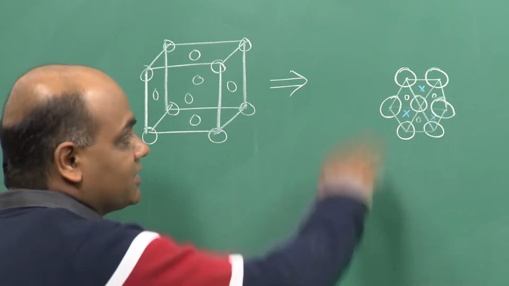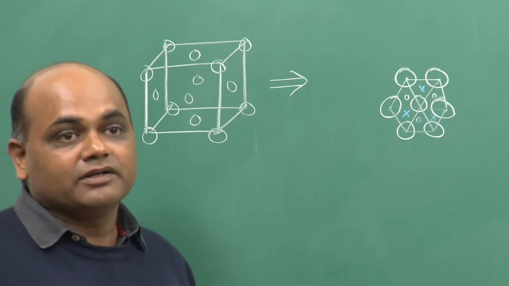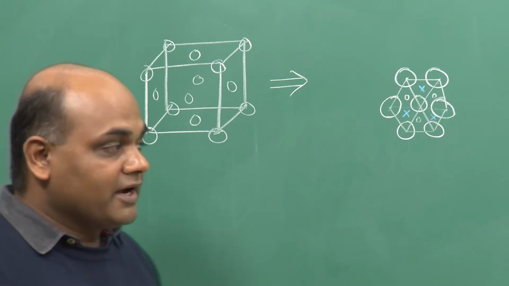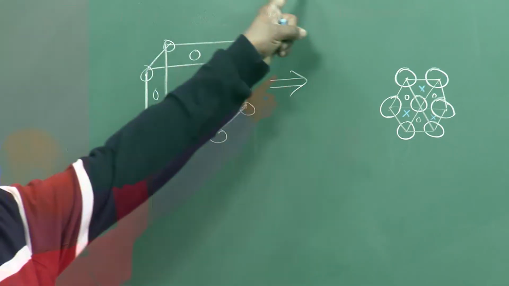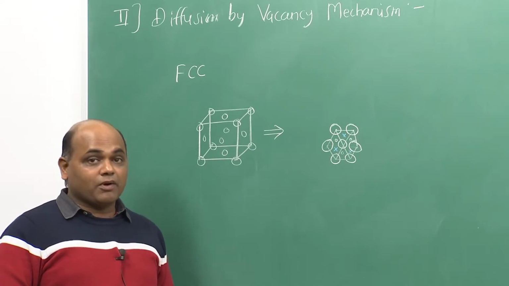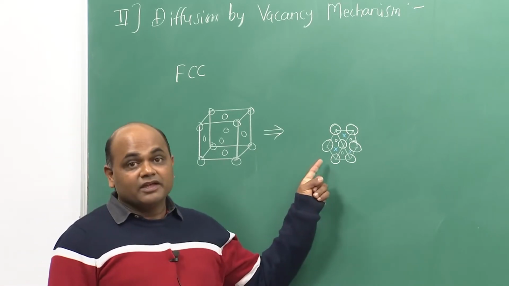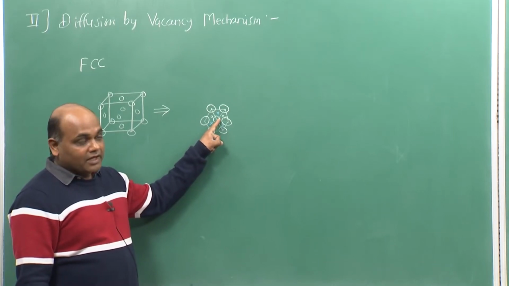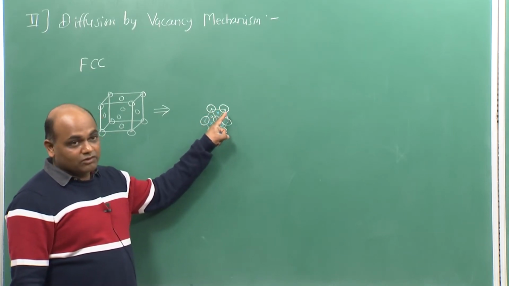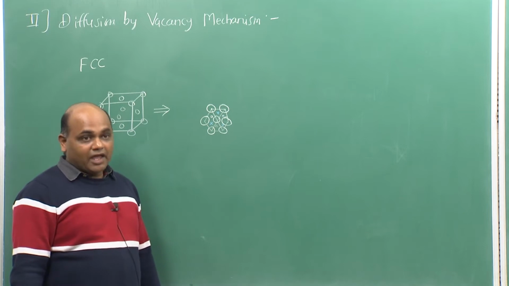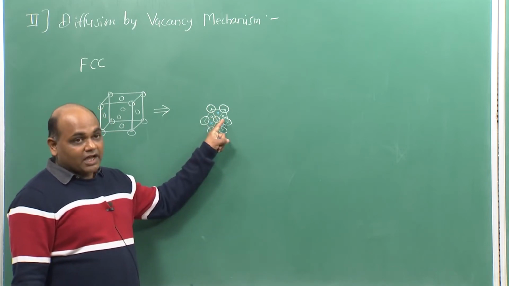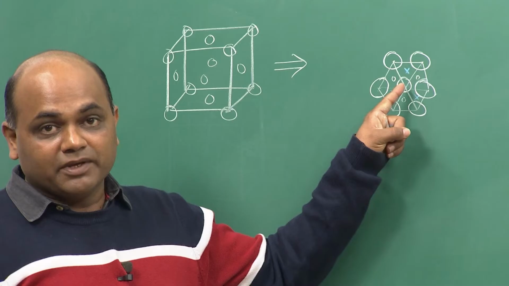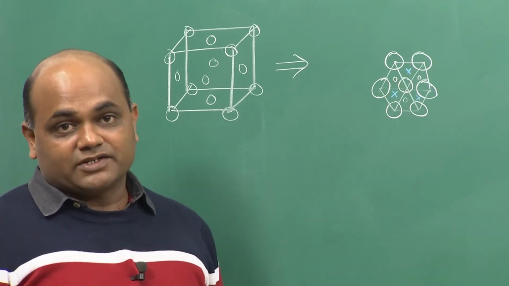So, 6 plus 6, there are 12 nearest neighbors, and the vacancy diffusion most probably takes place by nearest neighbor jumps. So, this central atom has 12 possible sites onto which it can jump, if a particular site happens to be a vacant site.